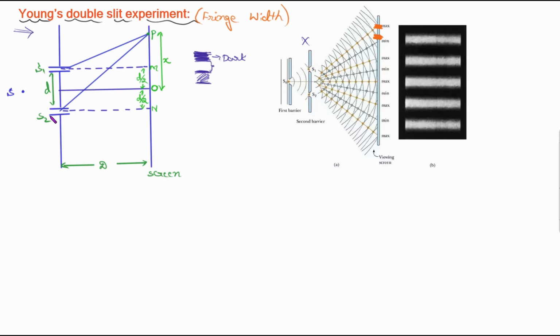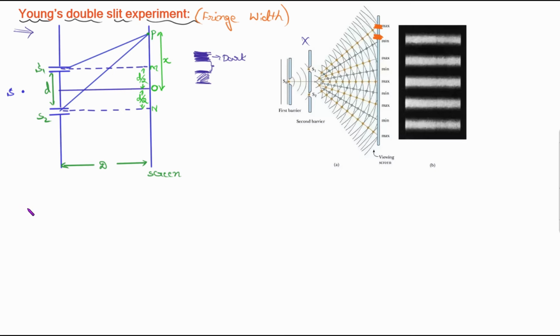Alright. As you can see, these S2 and S1 waves are superimposing with each other. The path difference between these two waves, you need to calculate.